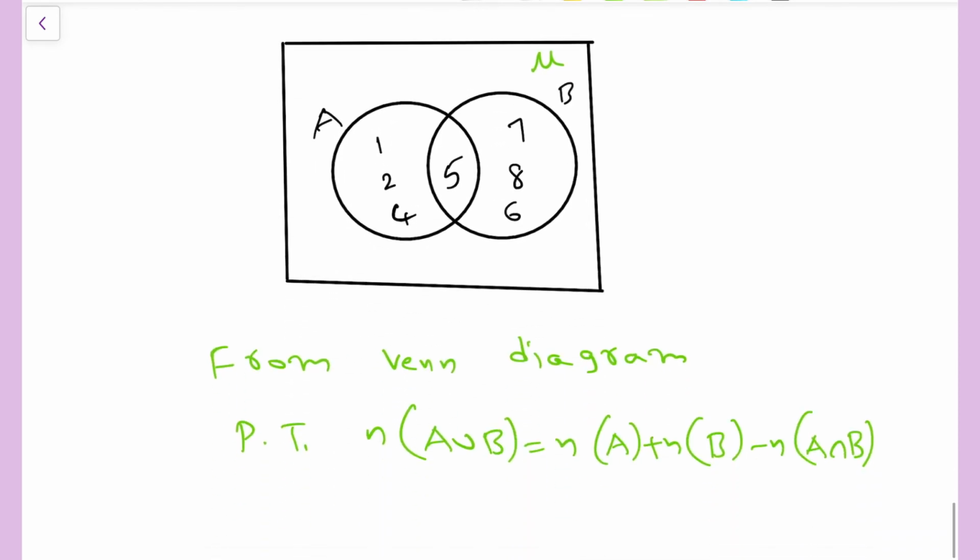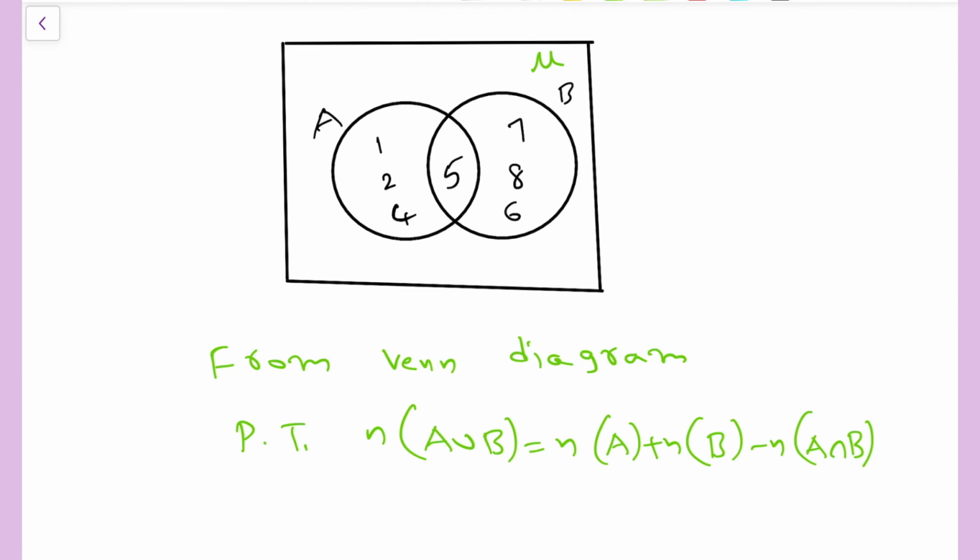Next. In this question, they already gave a Venn diagram. The question is asking, from the given Venn diagram, prove that n of A union B equals n of A plus n of B minus n of A intersection B. So what exactly is n of? That is nothing but cardinality or cardinal number.